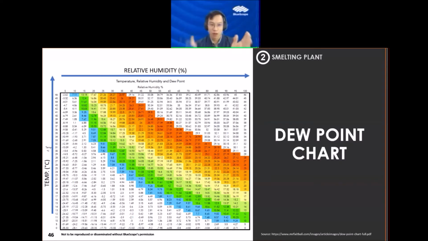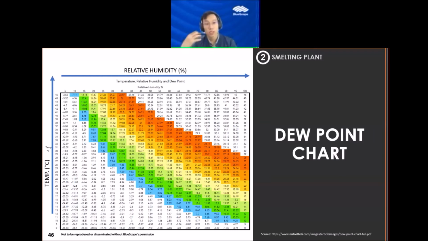We actually found that there's a table where they tabulate the temperature versus the relative humidity, to determine when the water will condense, right? So this is a zoomed out version. You can see the different range of temperature on the row, and then you can see a different range of relative humidity on the column side.